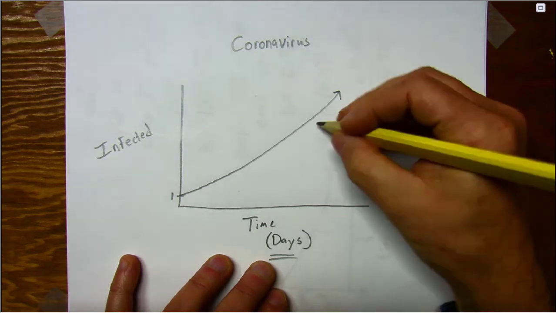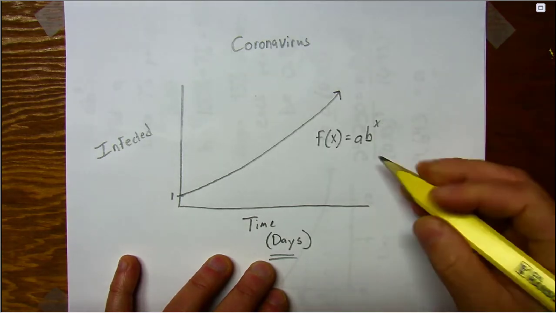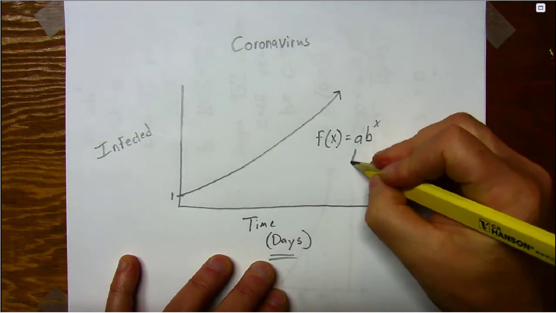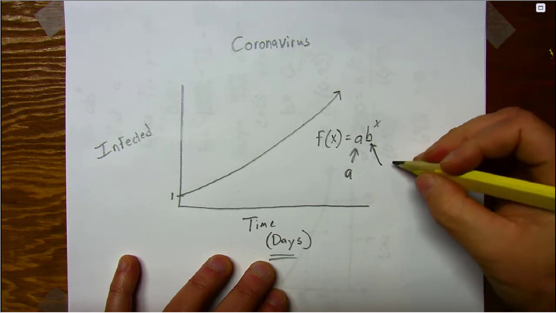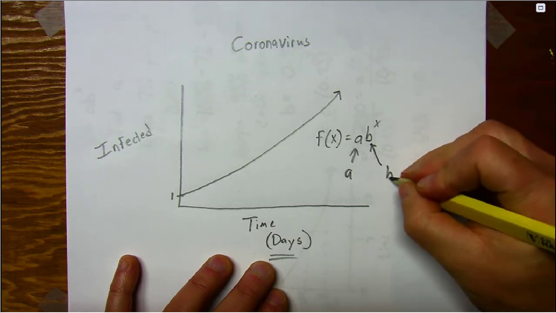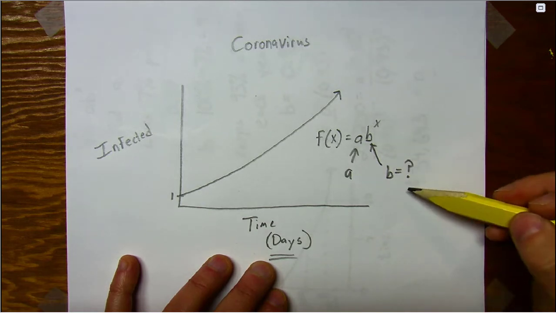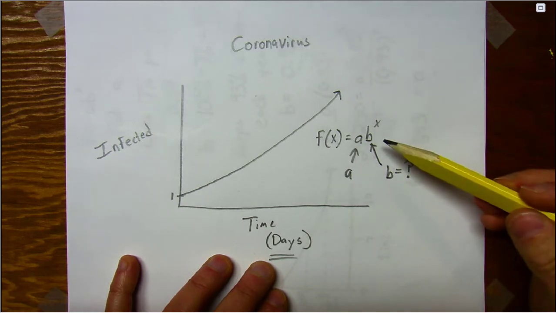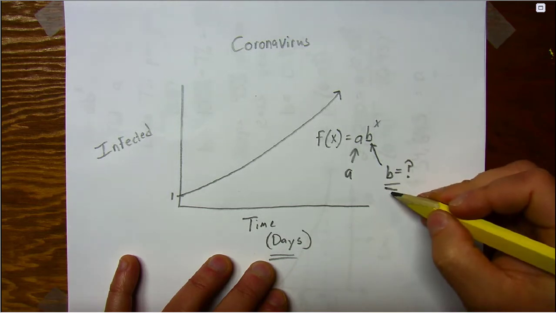And so we know that coronavirus has to follow that model. But we know that A was 1. But here's the problem. We know that B is bigger than 1. But what makes this so tricky is nobody really knows what the base is. We don't really know how fast this is spreading. The goal right now is to keep that base as small as possible.